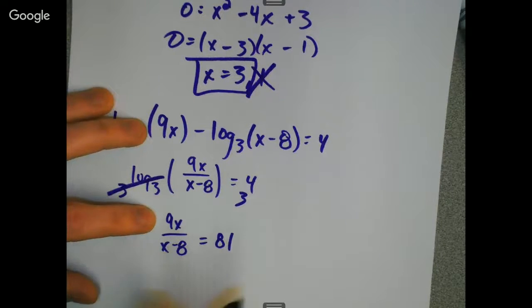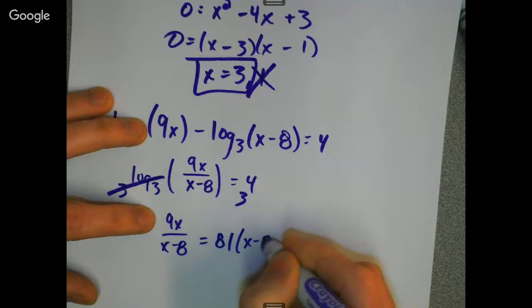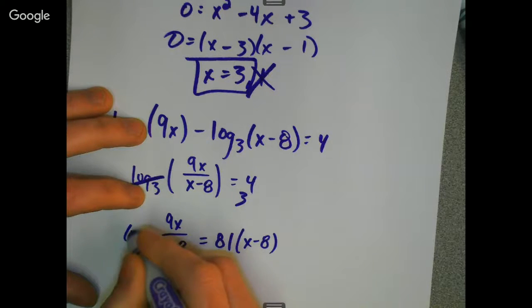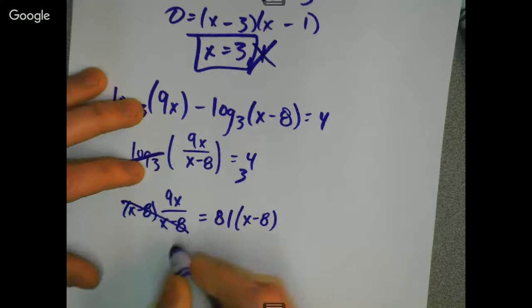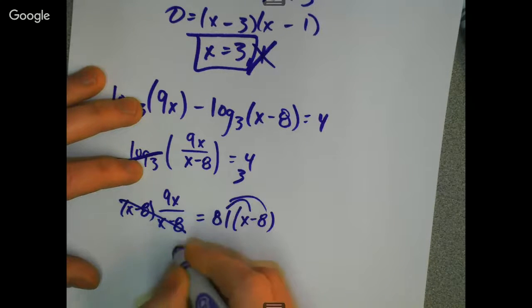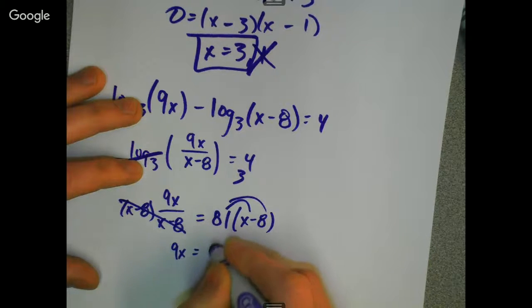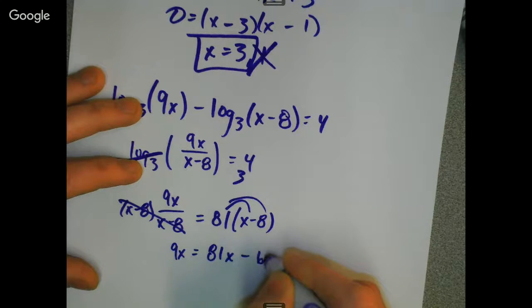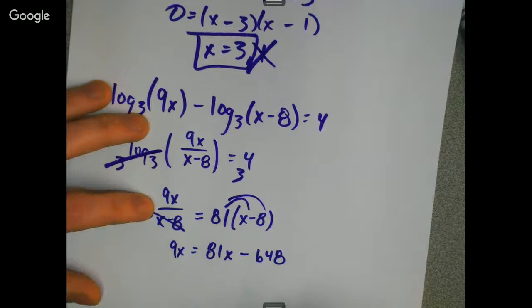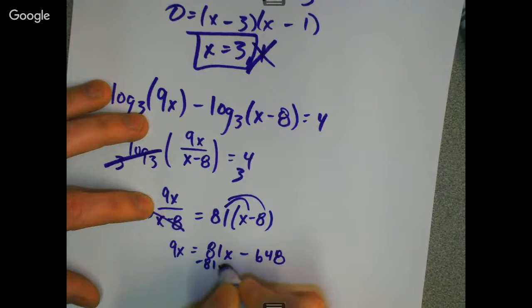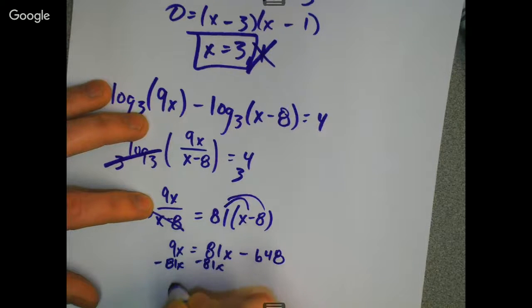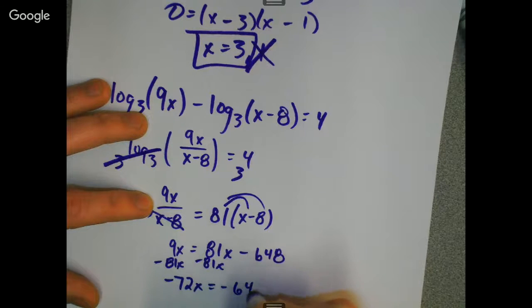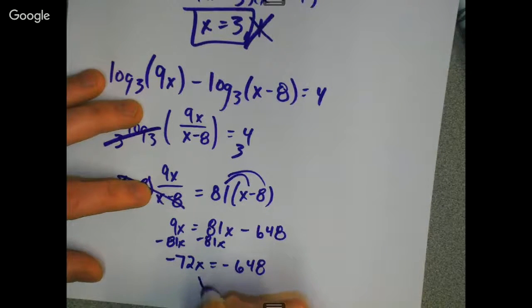So we'll multiply both sides by x minus 8. Those cancel. Distribute. So you have 9x equals 81x minus 648. Okay, and then we solve for x, so minus 81x. So negative 72x equals negative 648, and x is 9.